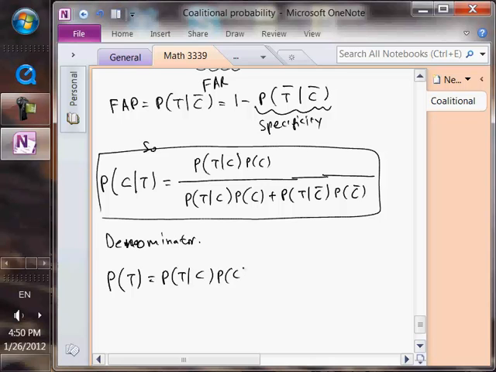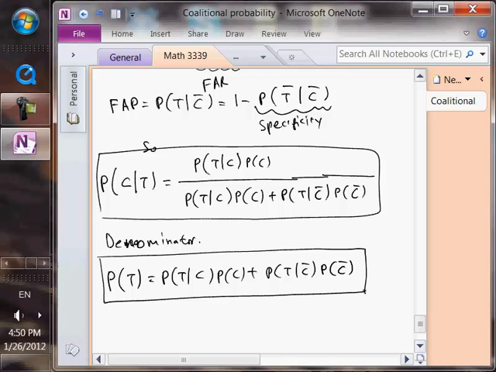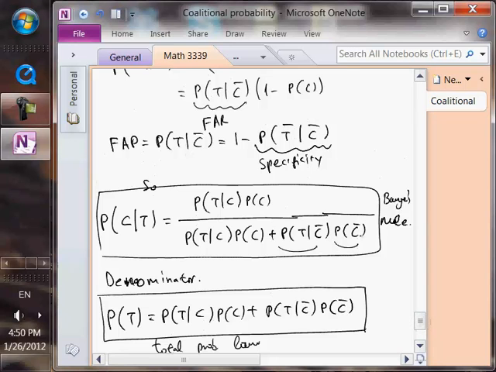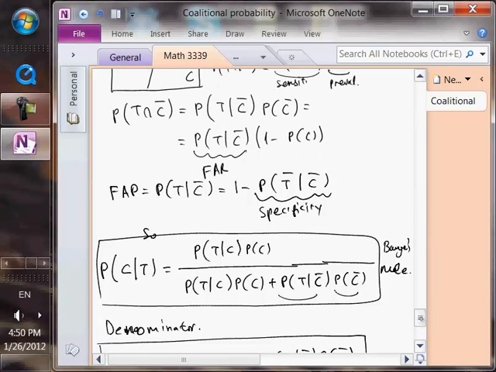And that's another interesting formula which is called the total probability law. So that's the total probability law. Here this is Bayes' rule. And I told you how to compute this and this, the false alarm rate and the prevalence. We get them from the specificity, and of course, this one from the prevalence. Any questions?